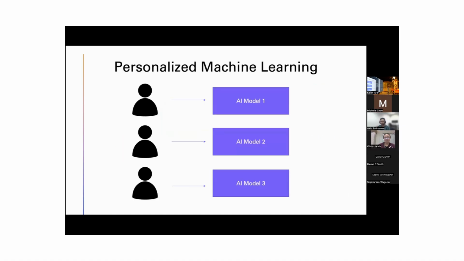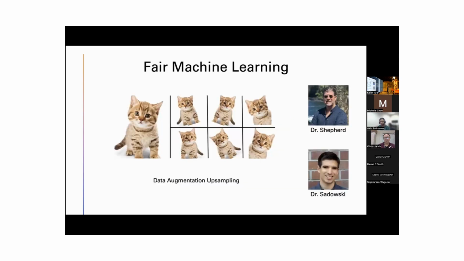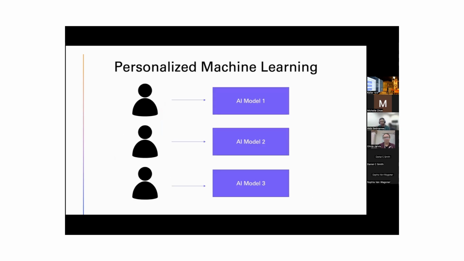So the third area is personalized machine learning. And I think the first two are necessary if we're going to build machine learning models for healthcare that work and are deployed in the real world. But a lot of these tasks we're trying to predict are really complicated.